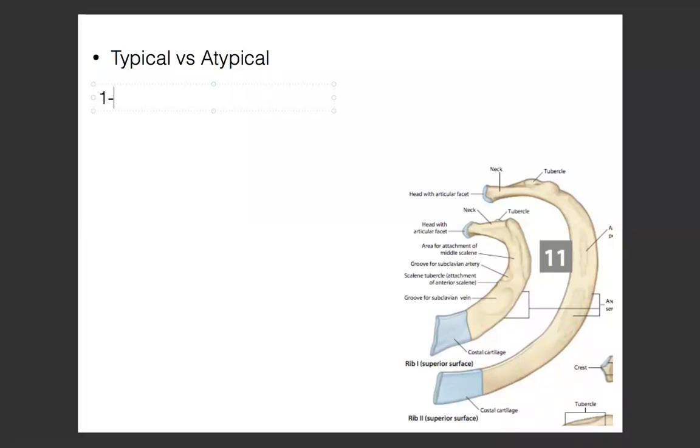So the criteria for what makes a rib typical or atypical: first, we have the presence of a head that has 2 articular facets. The head has to have 2 articular facets. I'll show you guys a picture in a bit.